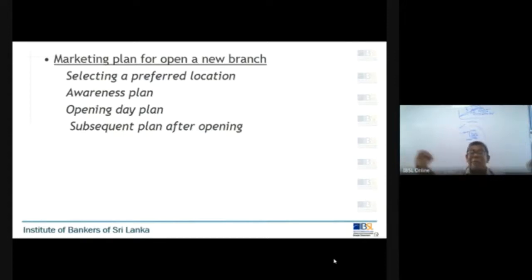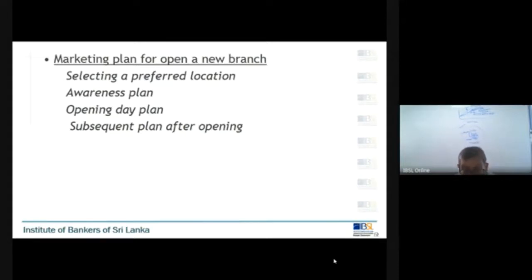And you may have some local publicity, having horns in some area. Then for the opening, you need to get an approval from the police also. Invite the police ASP or whoever is in charge.